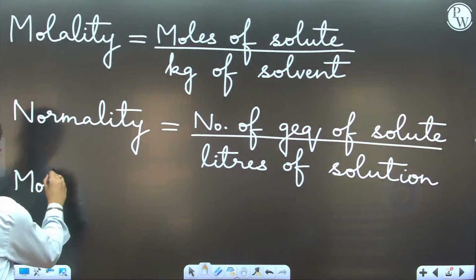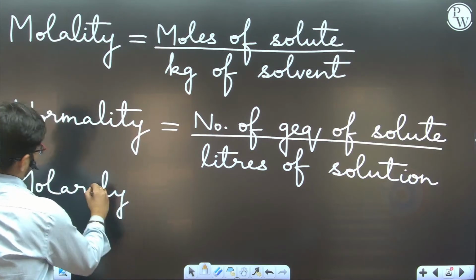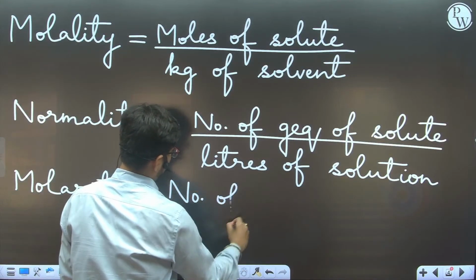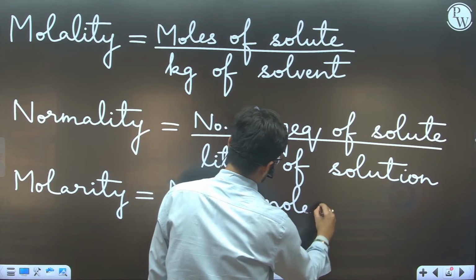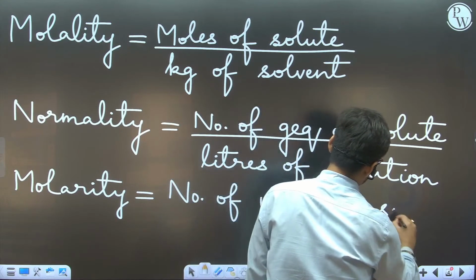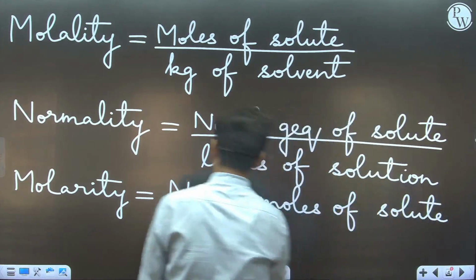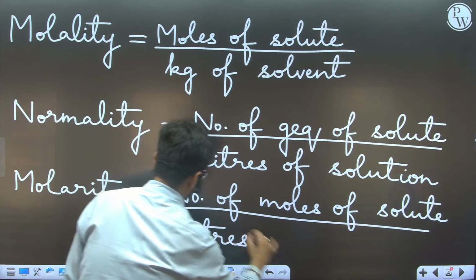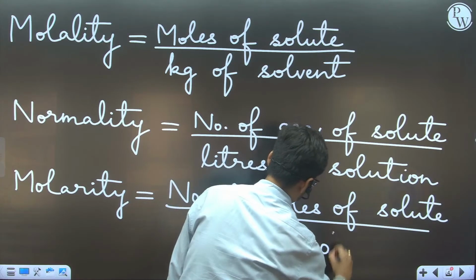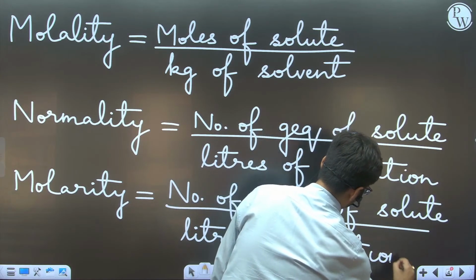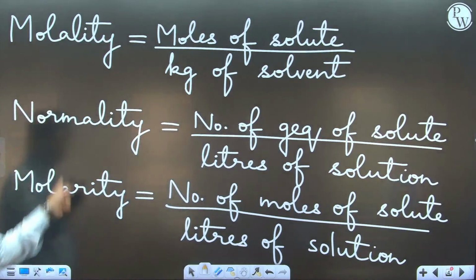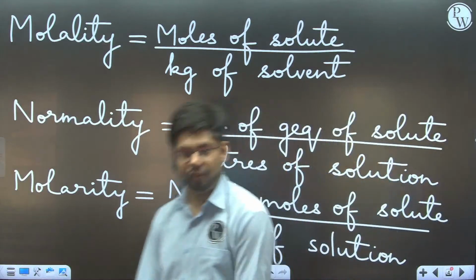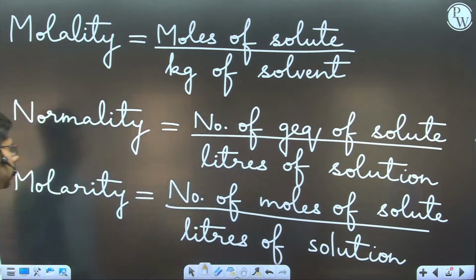Because if we look at the formula of molarity, molarity is number of moles of solute in the numerator, and in the denominator we have liters of solution. All right, so compare these two. Clearly it is visible that the numerators are different but the denominator is same for both, right?